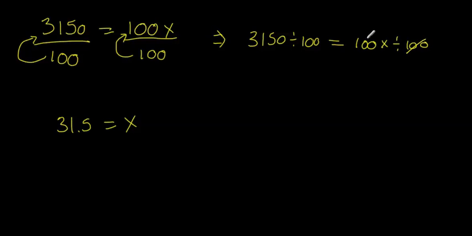Well, these 100s cancel out, so that means I'm only left with this x. And 3,150 divided by 100, well, that means that I move my decimal point 2 columns over. So it's 31.5. All right, so that's how I got this answer here.